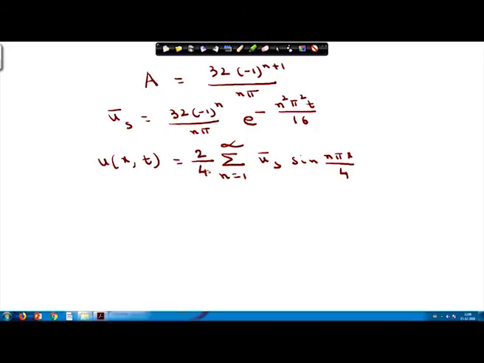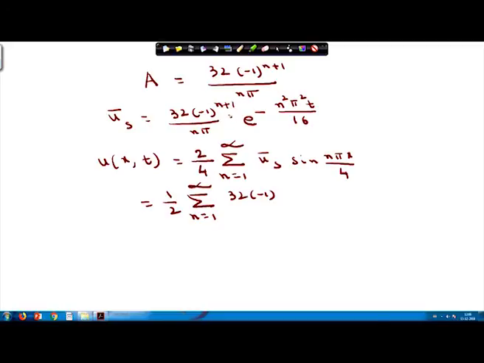So, by the formula, 2/L summation n equals 1 to infinity u bar s into sin(n pi x/4). So this equals, you can write, half will come in, summation n equals 1 to infinity 32 into minus 1 to the power n plus 1.